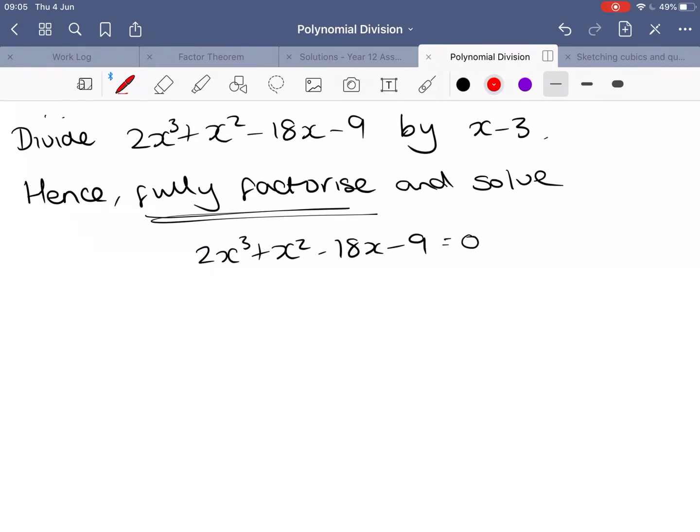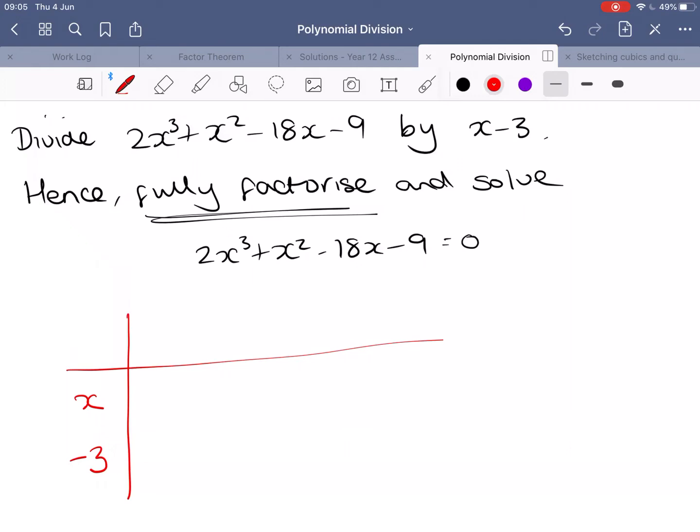Okay, so no, actually I will. I've changed my mind. So first step, we'll do the division. So nice and easy. So we've got our 2x cubed plus x squared minus 18x minus 9 divided by x minus 3. So I know I'm doing x minus 3 multiplied by something makes my 2x cubed and so on.